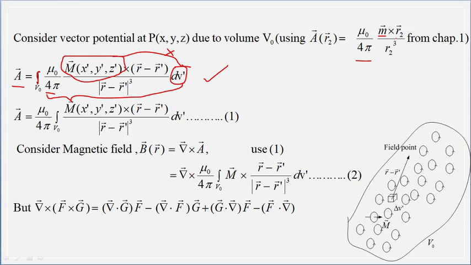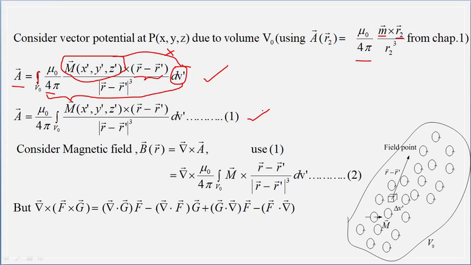Then this R2 is the distance of that point from the element. That is nothing but R minus R dash divided by the magnitude of R minus R dash cubed. That is how we have written it. Then mu naught by 4 pi we take outside. So mu naught by 4 pi, integral over V naught, of M cross R minus R dash divided by modulus of R minus R dash cubed. So this is equation 1.